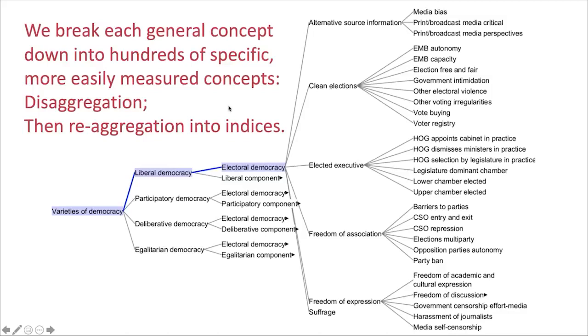And then we measure each one of these concepts, and we reverse the process and construct indices out of the indicators to produce indices of components and higher level things until we end up with high level indices of 5 different types of democracy.